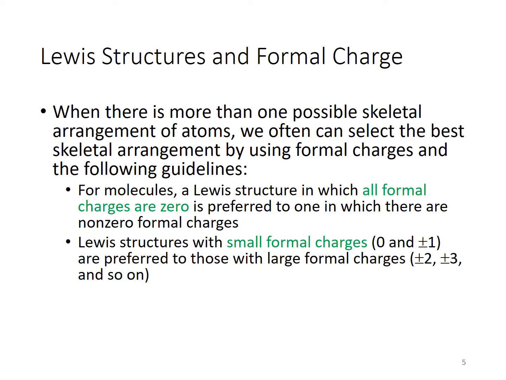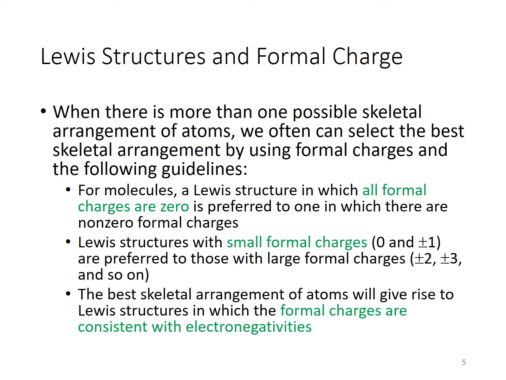Zeros and plus or minus 1 are going to be definitely preferred in comparison to +2 or -2 or +3 and -3 and so on. And lastly, the best Lewis structures are going to have formal charges consistent with electronegativities. So if you have to have a -1 formal charge, that would preferentially be on the most electronegative atom. If you had to have a +1 formal charge, preferentially that would be on the least electronegative atom, sometimes called the most electropositive atom.